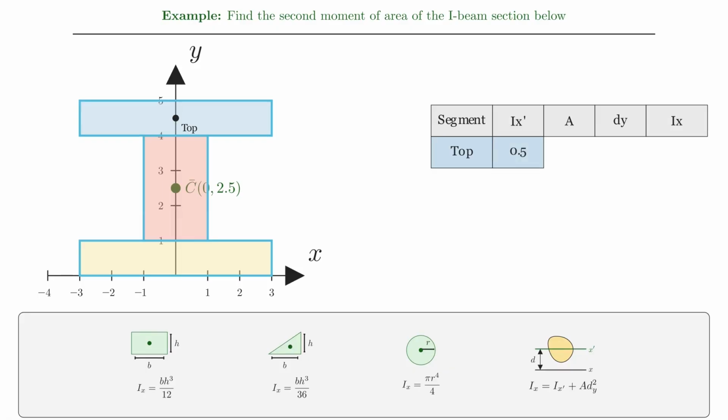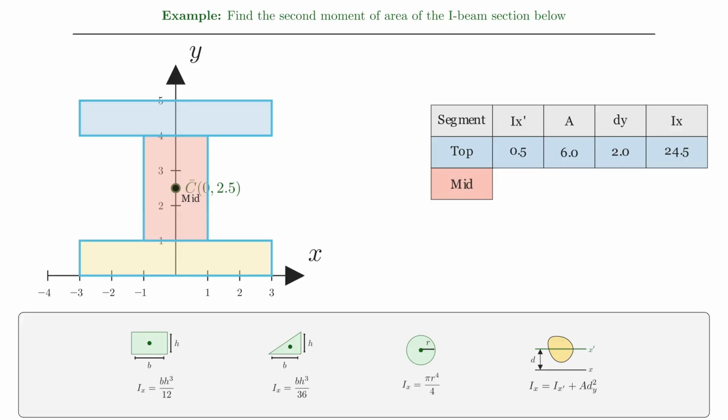The area is 6 by 1, which is 6 meters squared, and the distance dy is the distance from its centroid, which is at a height of 4.5, to the centroid of the overall shape at 2.5, so 4.5 minus 2.5 is 2 meters. Applying the formula, Ix is equal to Ix prime plus A times dy squared. So we have 0.5 plus 6 times 2 squared, which is 24.5 meters fourth.